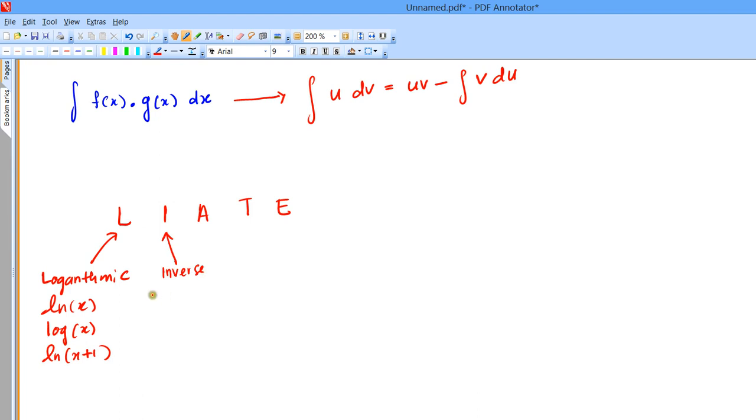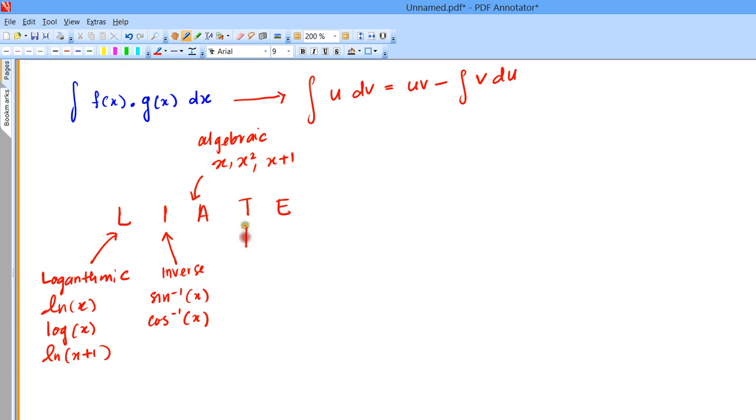And then I refers to inverse function, for example sine inverse x or cos inverse x. A refers to algebraic, for example x squared or x plus 1.